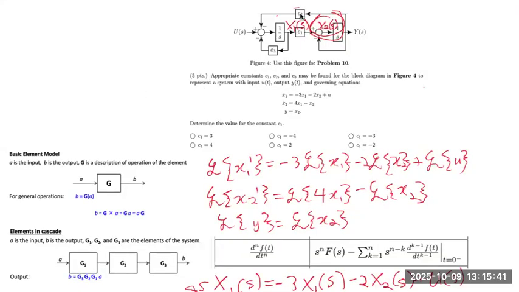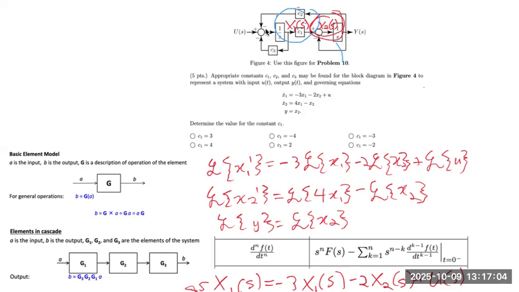So over here we see that we have x2(s) being fed into this second integrator over here. And it also comes from C1 x1, which is over here. So yes, that's the sum into the second integrator.